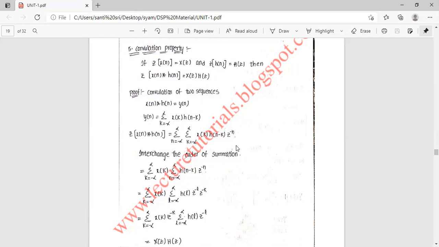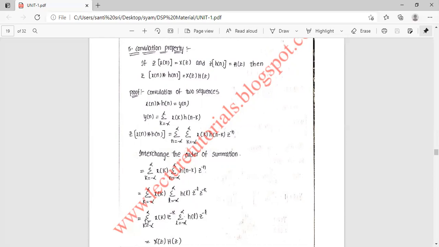That is sigma k equal to minus infinity to infinity x of k into sigma n equal to minus infinity to infinity h of n minus k into z power minus n. Let n minus k be l. Then l goes from minus infinity to infinity of h of l into z power minus l, where n is replaced by l plus k, so z power minus of l plus k is z power minus l into z power minus k.